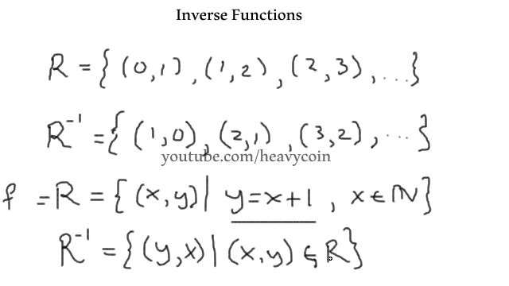R doesn't stand for real numbers here, this stands for relation. In other words, this set right here. So x and y come from this set, and all that we're doing is flipping the first and second coordinates around. That's all we're doing. So you see, that's what we do.